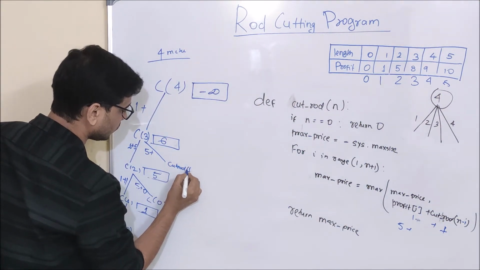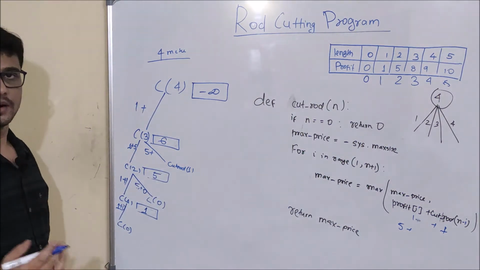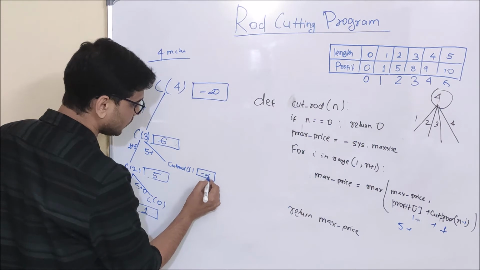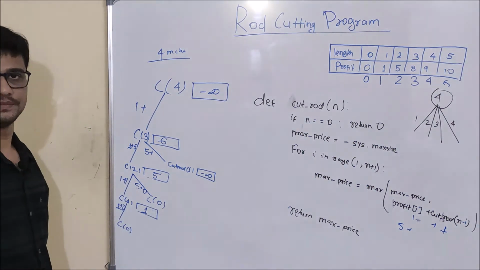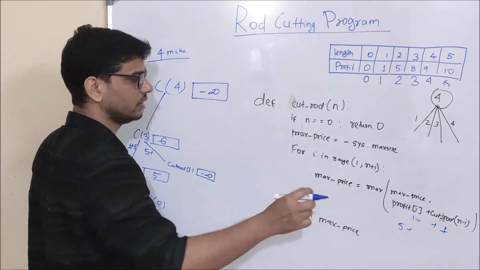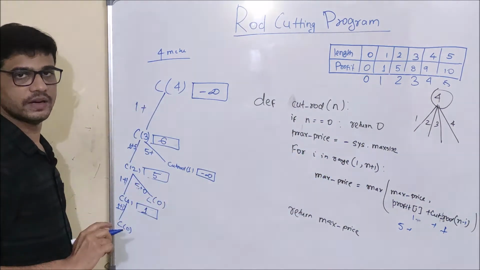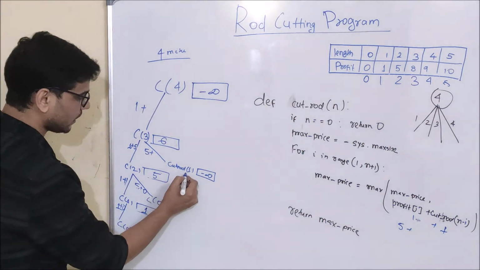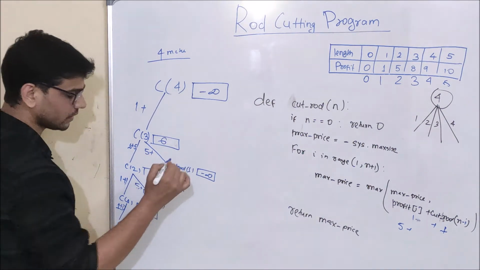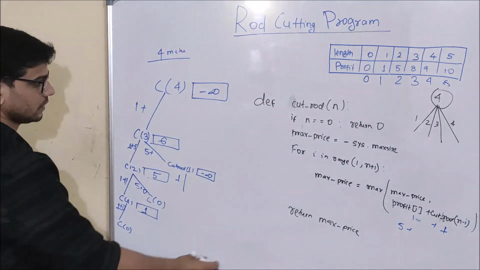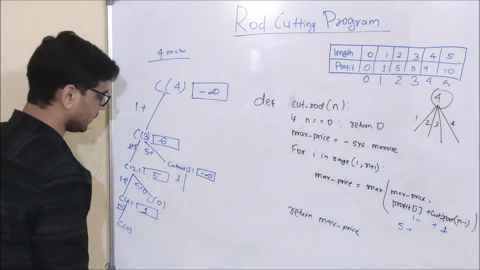Cut rod of 1 will be called, and when cut rod of 1 is called, again I will have minus infinity here. As n is equal to 0 will be false, the max price variable will be created and initialized for cut rod of 1 once again, and I will give it a cut of 1 meter, and 1 will be the profit from it. That is profit of i.